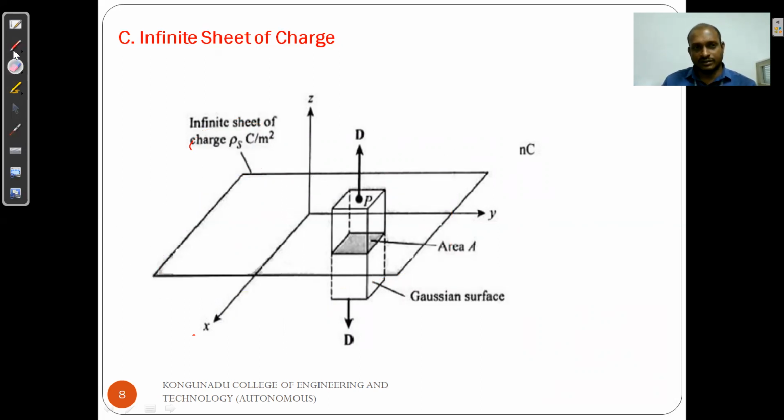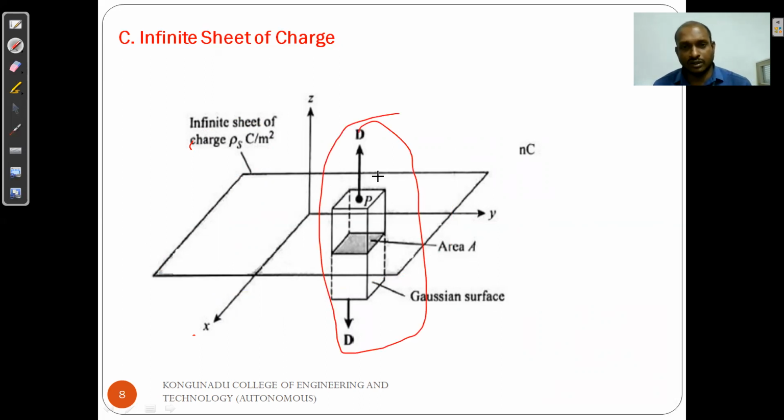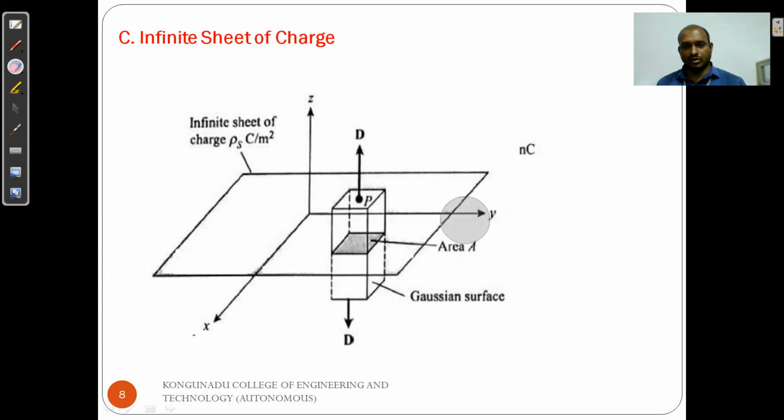This is the top of the surface and this is the bottom of the surface, which is called the Gaussian surface. This is the cross section area. At point P, positive D and negative D are available. We are going to calculate the electric flux density at point P due to the infinite sheet of charge rho S.